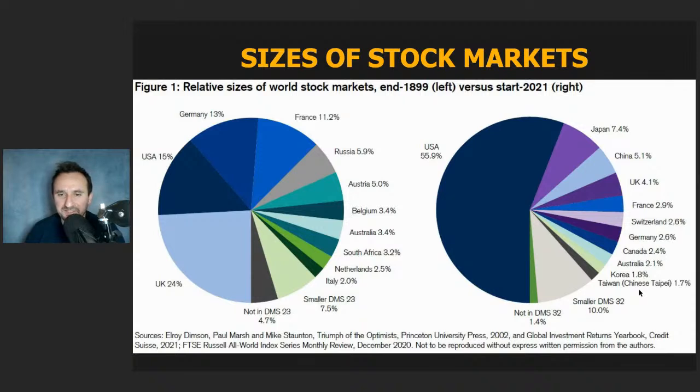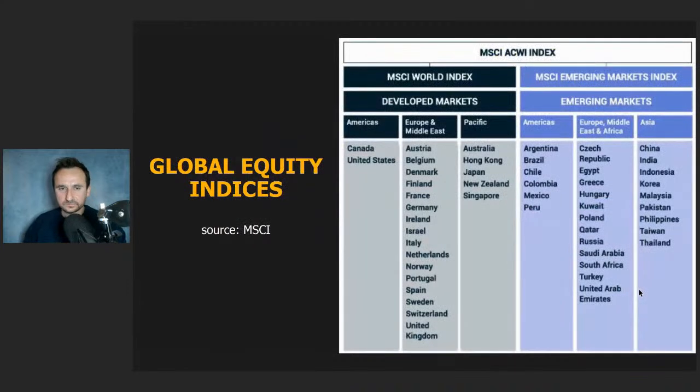So imagine, in 1899, the United Kingdom was the biggest stock market in the world, 24% globally, and today it's 4.1%. That's a huge change. That's how the world changed over a century.